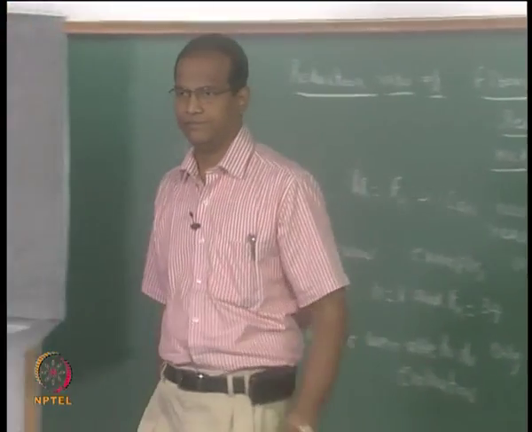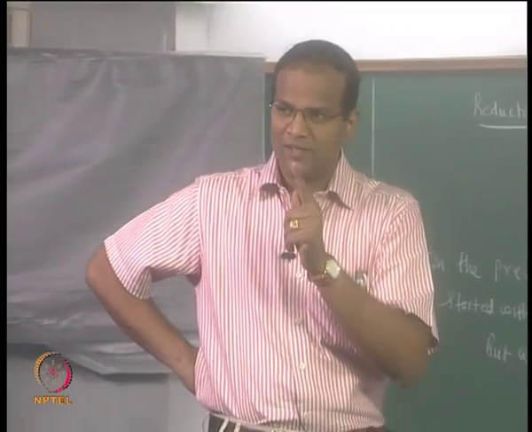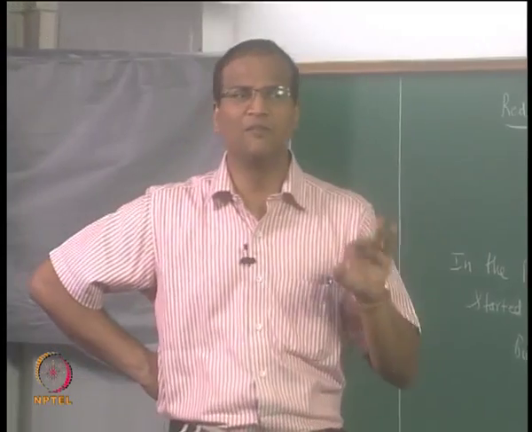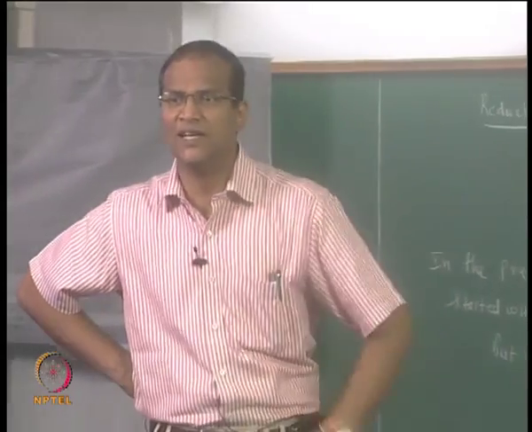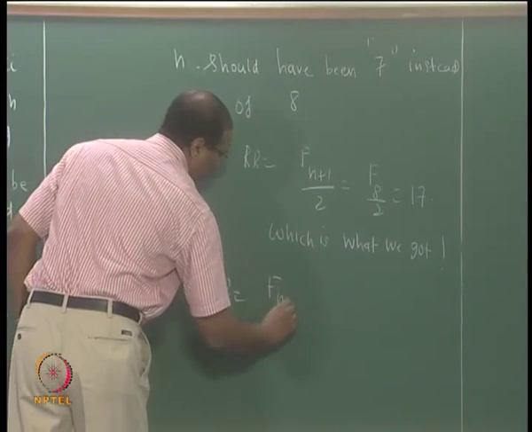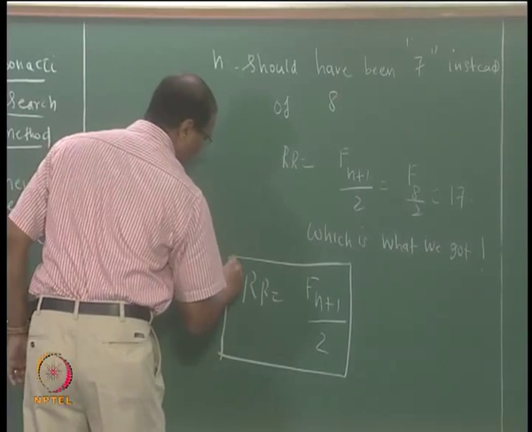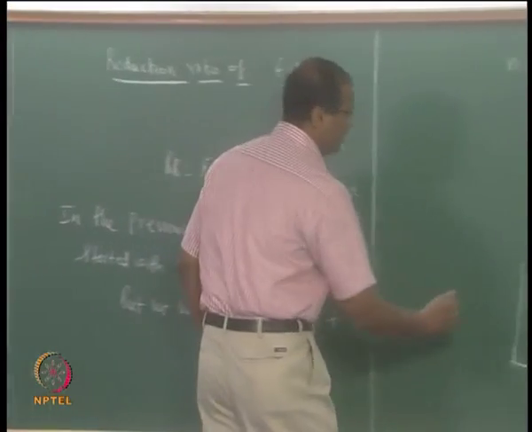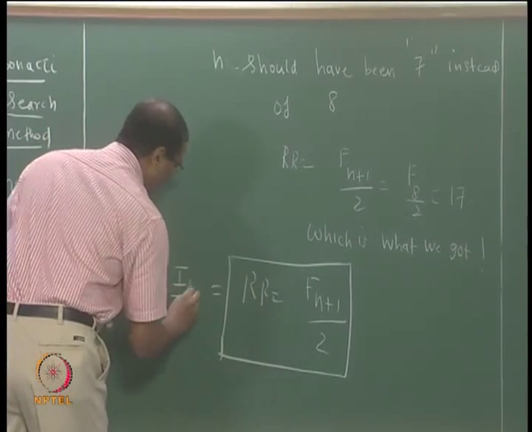This is what we got. 1 by f of n, theoretically there is nothing wrong with that formula, but it cannot be reached unless you do some small tricks. I mean you change that point slightly left of the center or something like that, but then it does not become the Fibonacci. The basic point is the last 2 evaluations you are not able to do because you hit the center. So now we will say that the RR is equal to f of n plus 1 by 2. So RR is basically I naught by In, right.